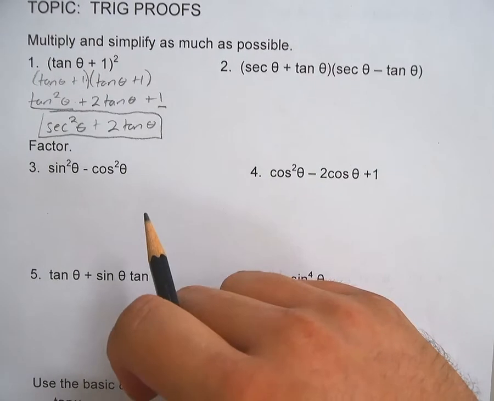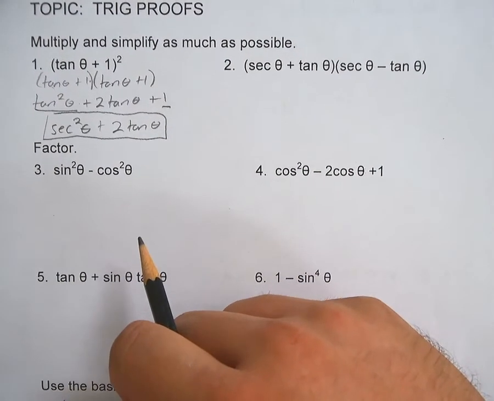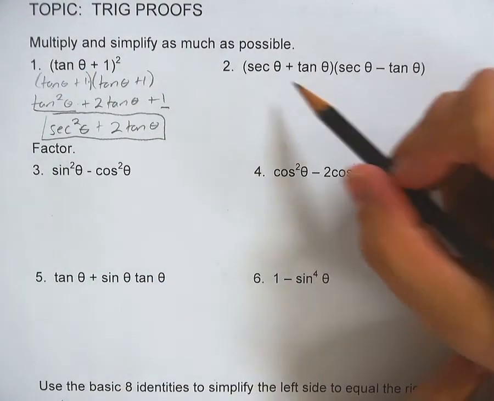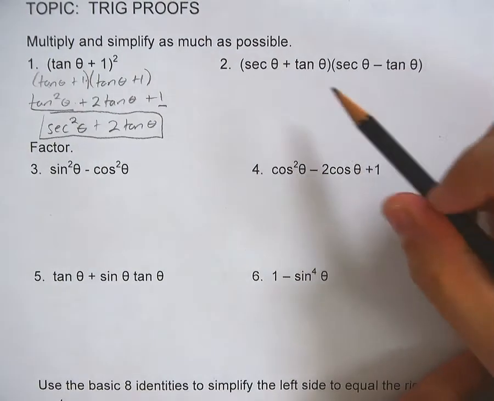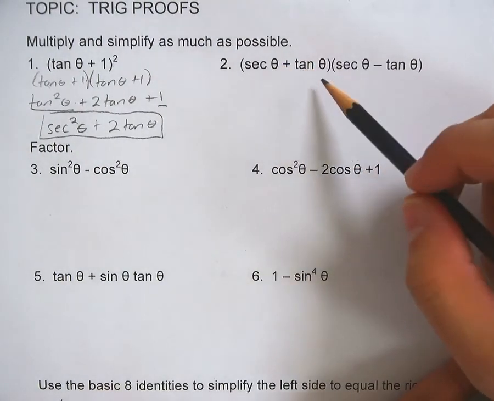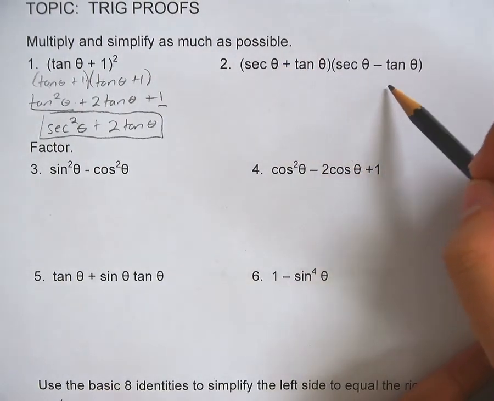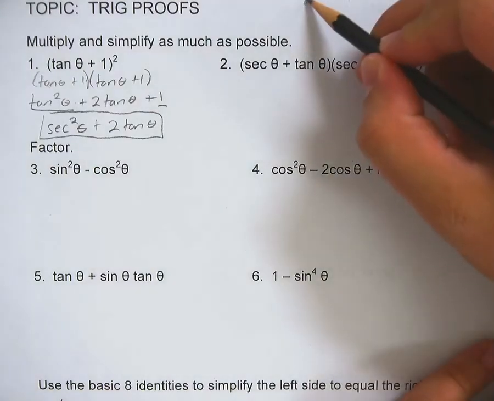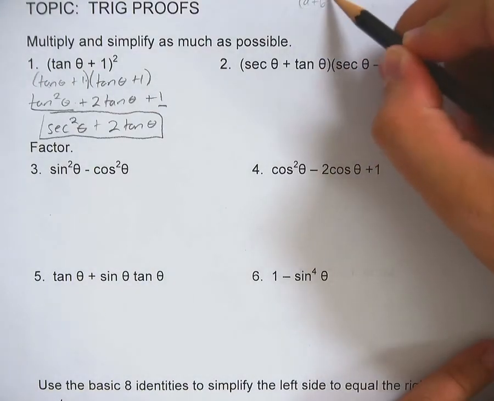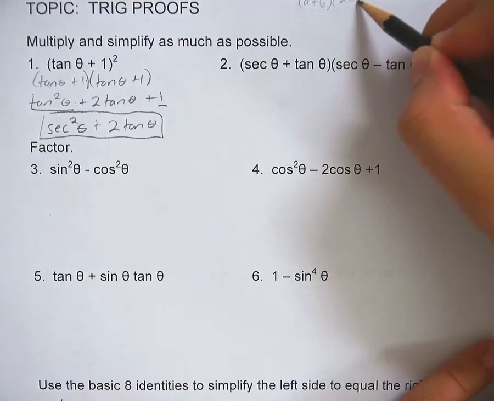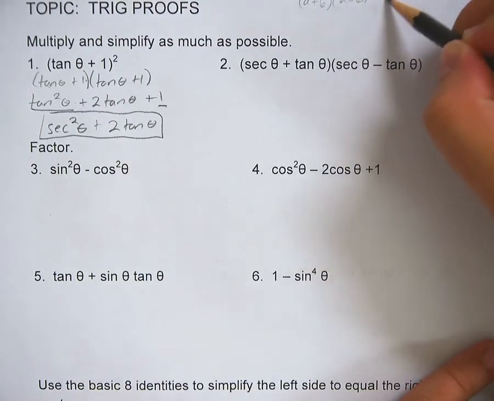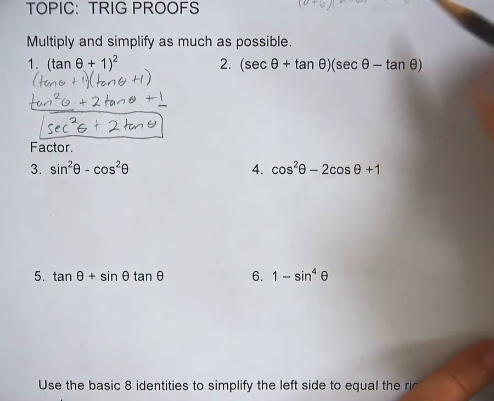Okay, number 2. If you remember, this is actually a plus b, a minus b. Secant theta plus tangent theta times secant theta minus tangent theta. A plus b times a minus b is equal to a squared minus b squared.